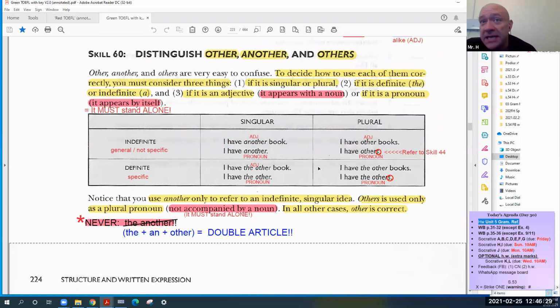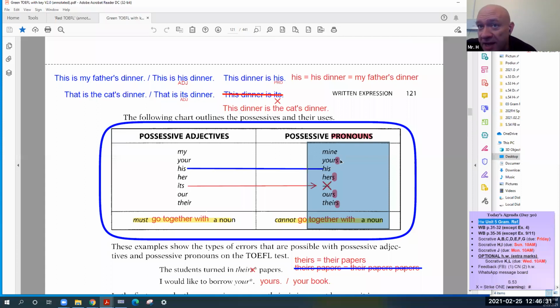It's the same idea with the possessives, right? You see all the possessives. If you add an S, it's a pronoun. Hers, pronoun. Ours, pronoun. Theirs, pronoun.